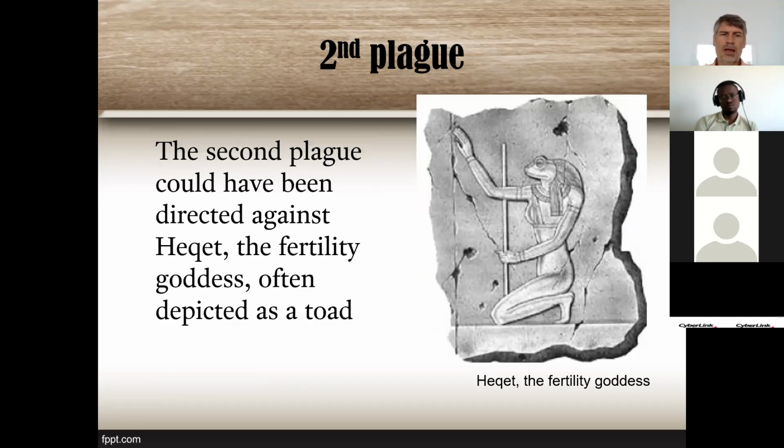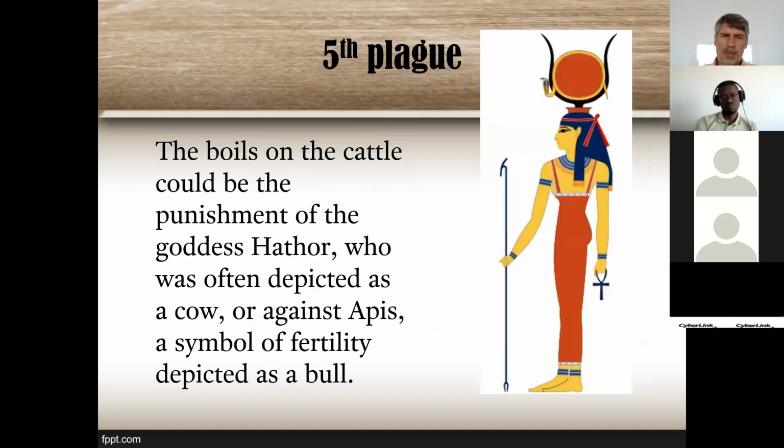And the second plague could be directed against Heket, the goddess of fertility, who is very often depicted as a toad. The fifth plague, the boils of the cattle, could be the punishment for the goddess Hathor, who is depicted as a cow, or against Apis, a symbol of fertility depicted as a bull.